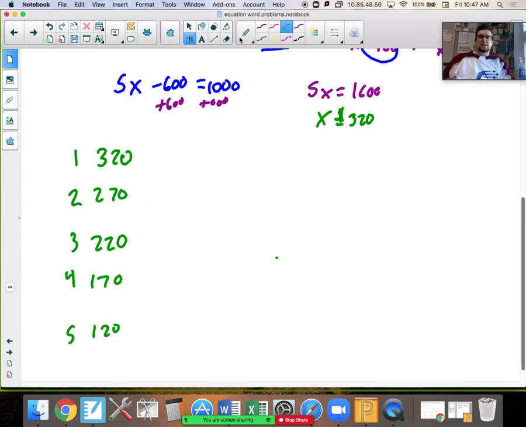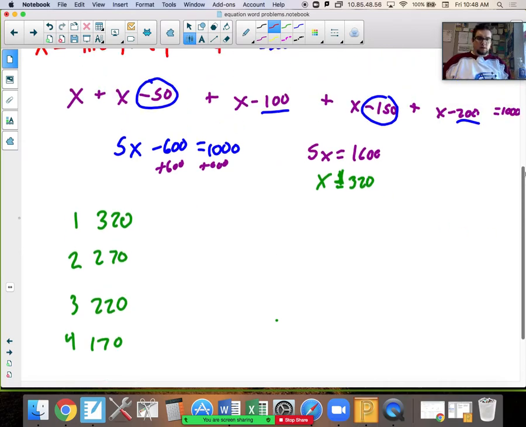To ensure I set this up and solved it correctly, these all should add to 1,000. I just want to make sure I did it right. 320 plus 270 plus 220 plus 170 plus 120 is 1,100. Uh-oh, I made a mistake somewhere.